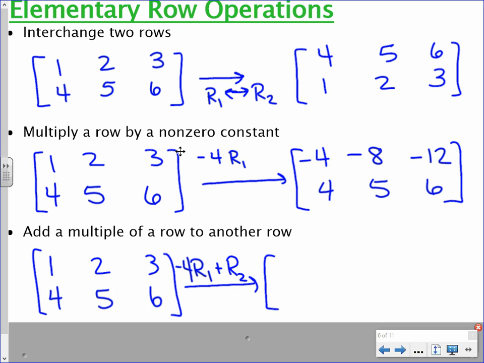Okay. So I'm going to keep row 1 as 1, 2, 3, but then if I imagine multiplying row 1 by -4 and adding it to row 2, I have -4 times 1 plus 4, -4 times 2 plus 8, and -4 times 3 plus 6. So we get that.